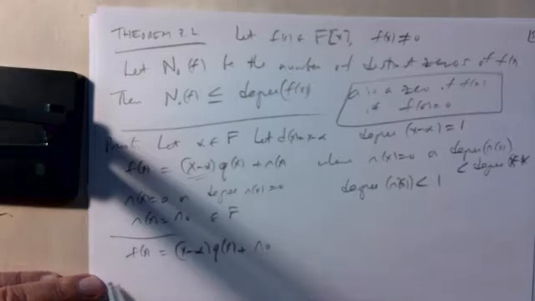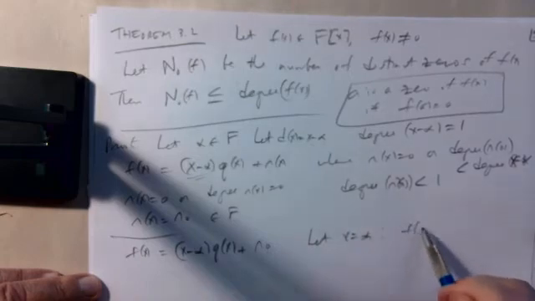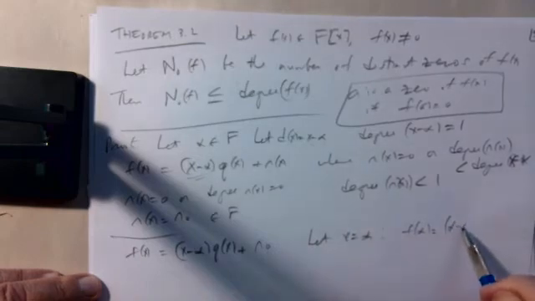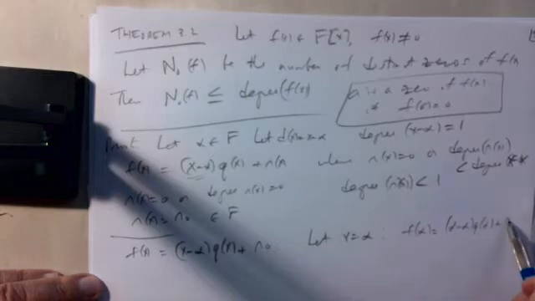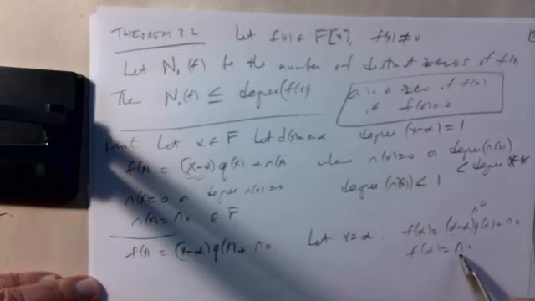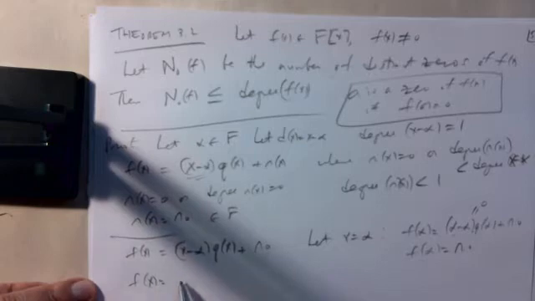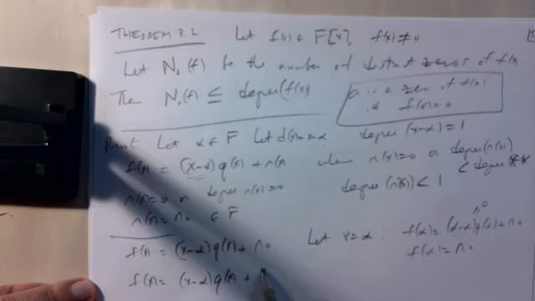But what is this constant? If you let x equal alpha, you get f of alpha is alpha minus alpha times q of alpha plus r naught. Alpha minus alpha is 0. So r naught is just the value of the polynomial f evaluated at alpha. If you take f of x, divide it by x minus alpha, you get q of x plus f of alpha.